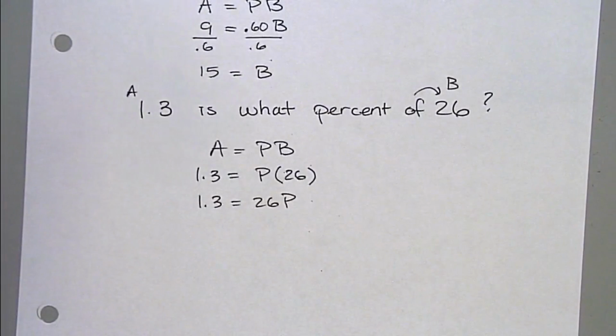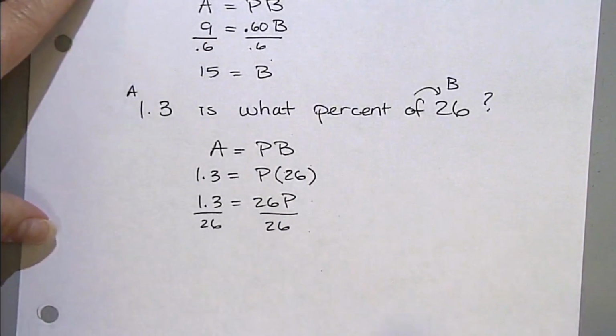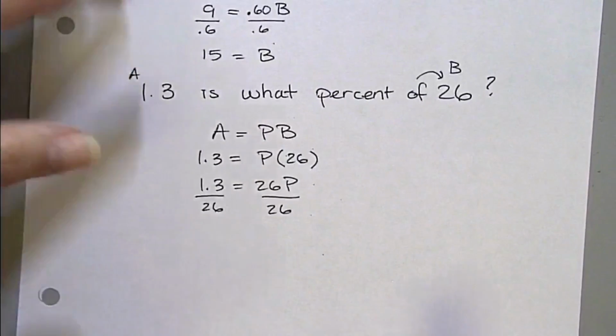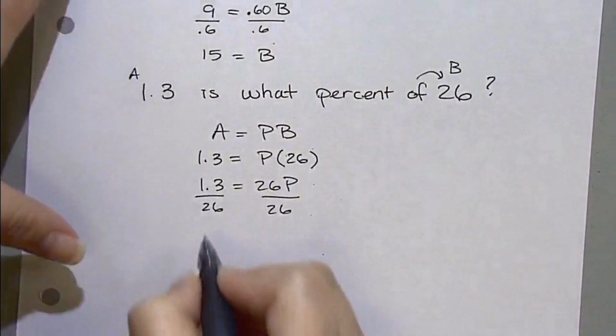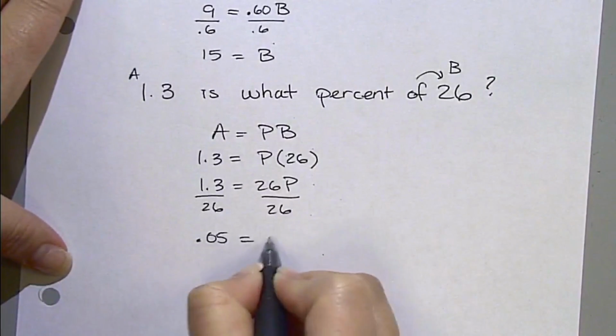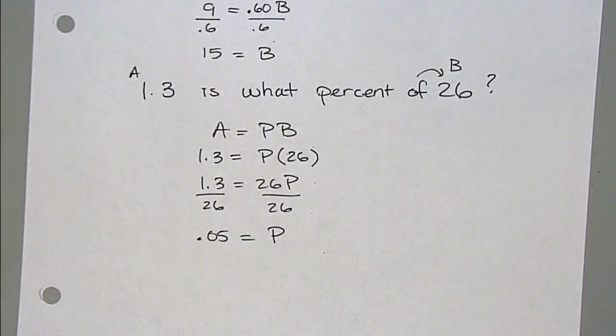So what are we going to do here? To solve for P, divide by 26. And so 1.3 divided by 26? 0.05, good. So this is what we got for P. But it wants to know what was the percent, and when we solve the problem, our answer is a decimal.